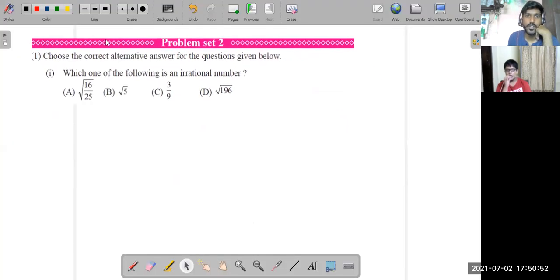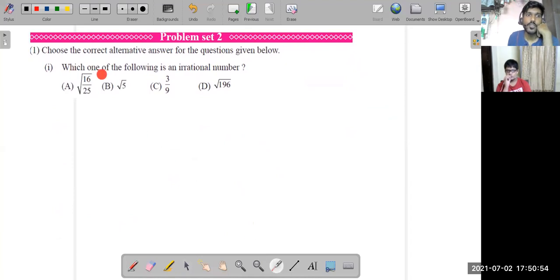First one, choose a correct alternative. Which one of the following is an irrational number?